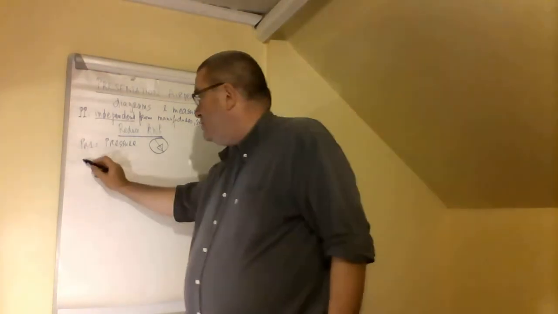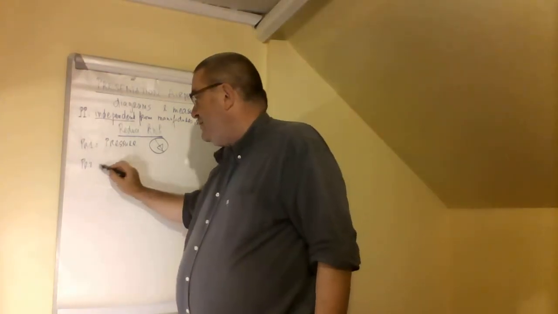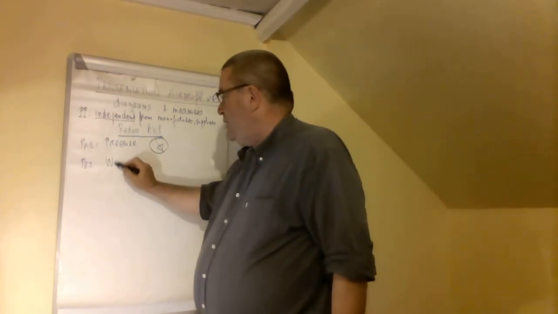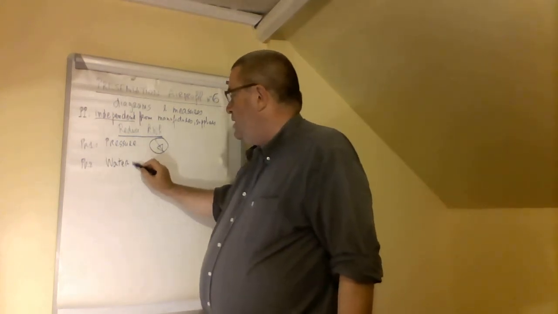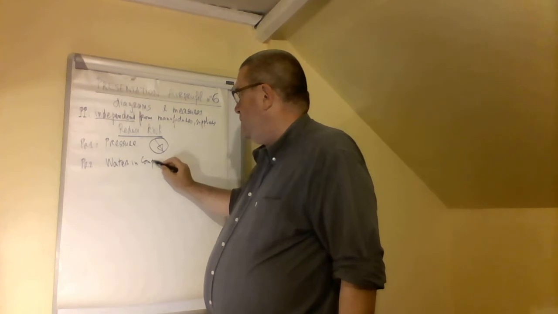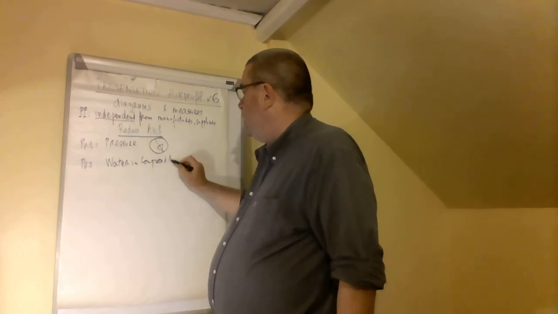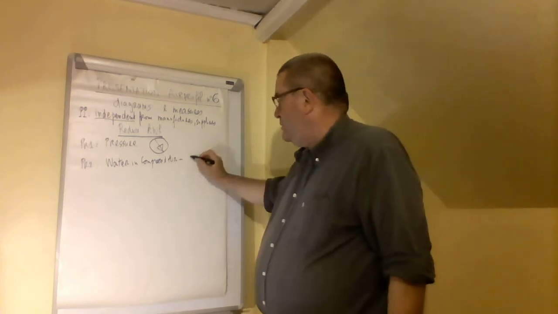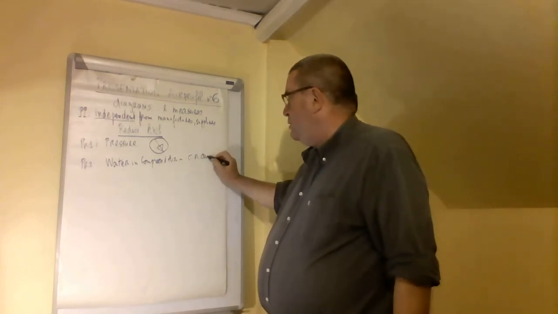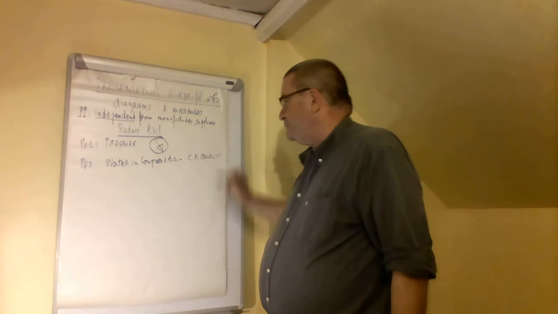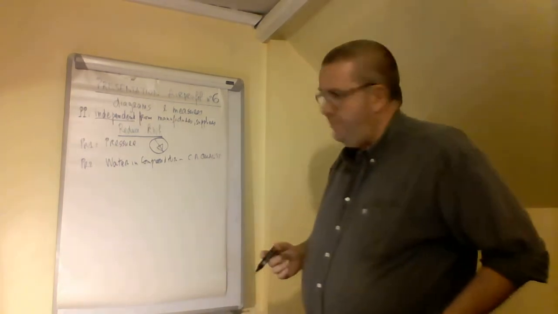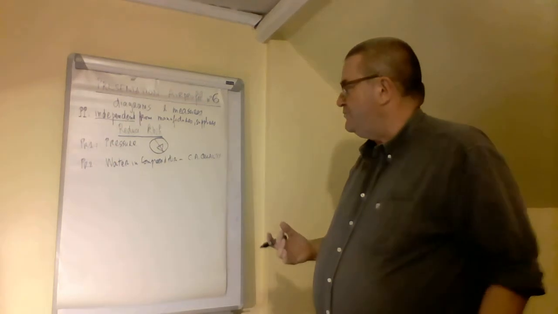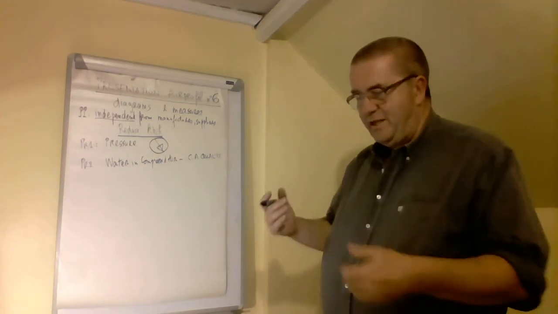The second point, which is important, a criterion for many clients, is water in compressed air. This is called, more generally, compressed air quality. So we have to think that it's not only the question of maintaining a pressure.